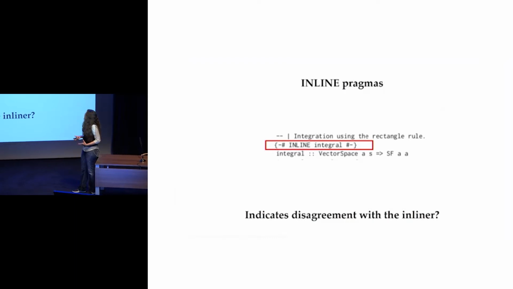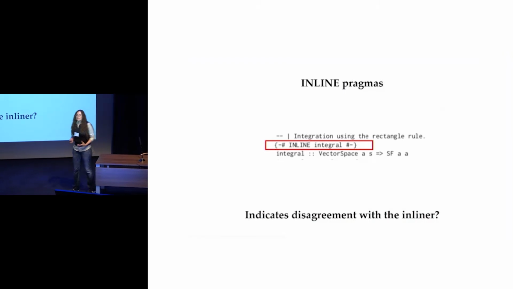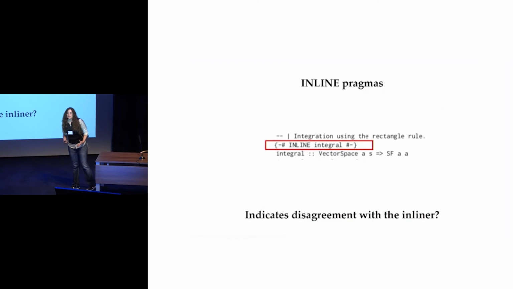An inline pragma is basically an annotation that you can put around the declaration of the thing that you would like inlined. And so GHC will see this inline pragma, and it will try really hard to inline the thing.